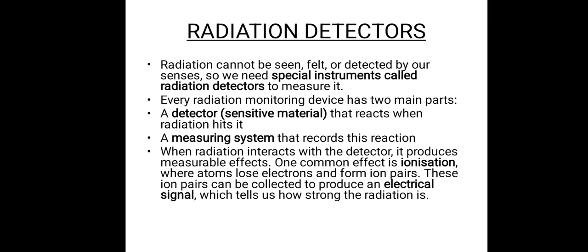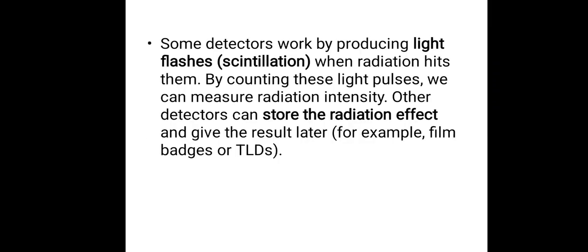One common effect is ionization, where atoms lose electrons and form ion pairs. These ion pairs can be collected to produce an electrical signal which tells us how strong the radiation is. Some detectors work by producing a light flash called scintillation when radiation hits them.